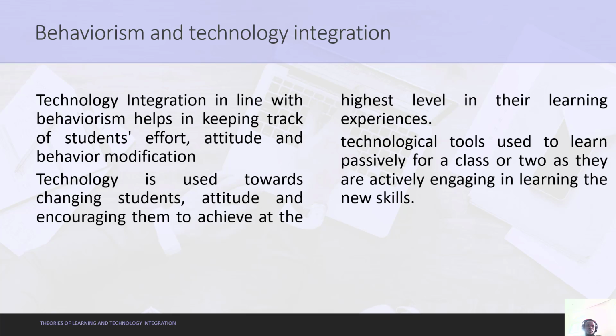How do we relate behaviorism and technology integration? Technology integration in this case is used in order to keep track of students' effort, attitudes, and behavior modifications.